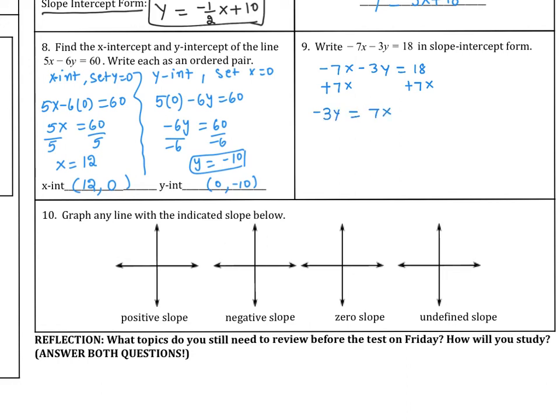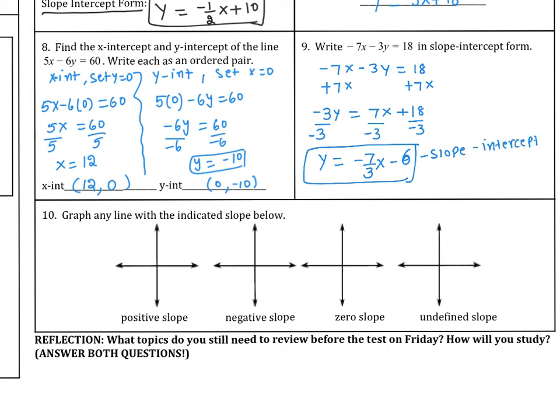You're going to get negative 3y equals 7x plus 18. Now you're going to divide by negative 3 so that y is by itself. So that's going to be y equals negative 7/3 x minus 6. That's the slope-intercept form, and it was given in standard form.